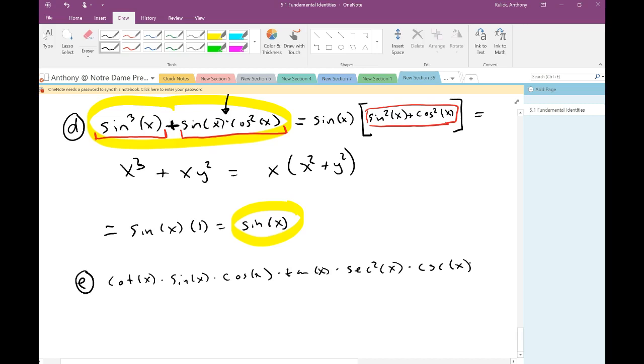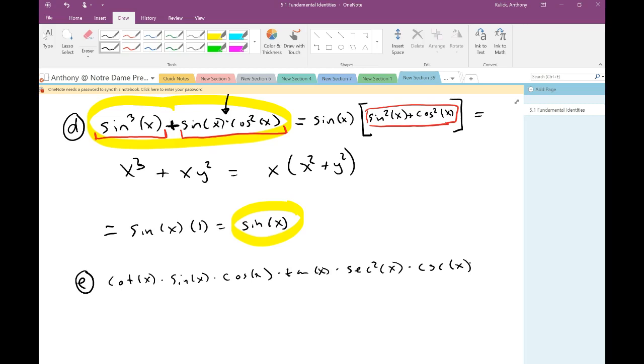So this looks pretty terrifying because it looks like I have a million different possible things. My suggestion in a situation like this, where it's all multiplication and you have a lot of stuff, is I'm going to use my identities to rewrite everything in terms of sine and cosine.